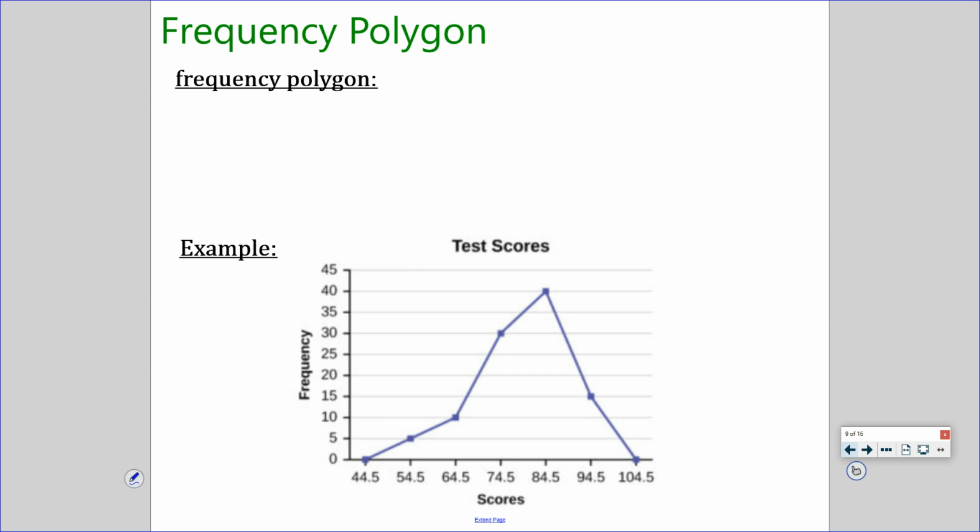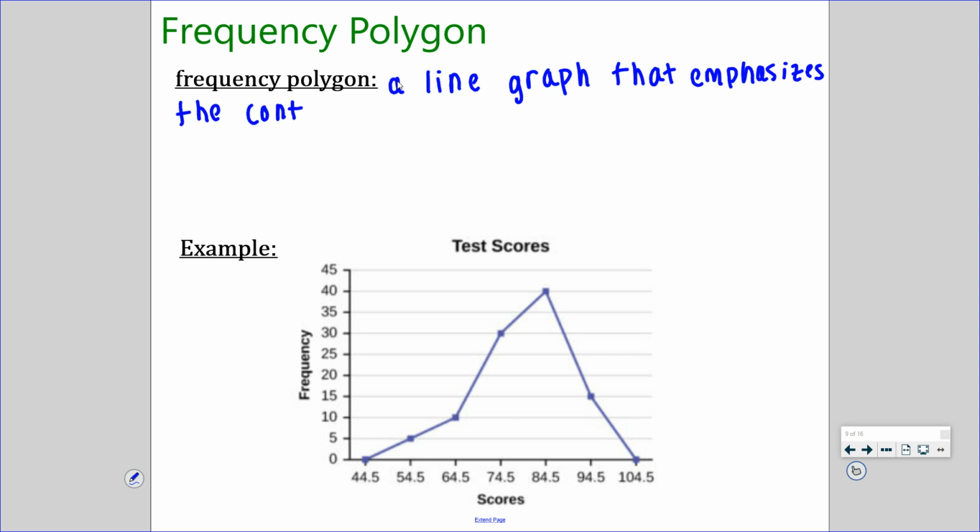So the way I think of it is a line graph that emphasizes the continuous change in frequencies. Again, it's called a polygon. Looks like this, has many sides.